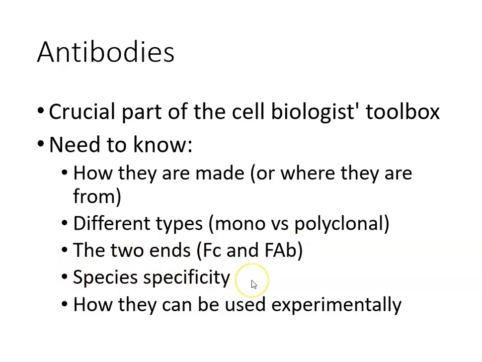We'll talk about species specificity when we look at applications such as immunocytochemistry, which is a technique to look for a specific protein within cells. And as we go on through the module, we're going to look at different ways that antibodies can be used experimentally in different situations, particularly when you get onto the flow cytometry lectures and when you get onto confocal microscopy, we'll be talking about using antibodies routinely.